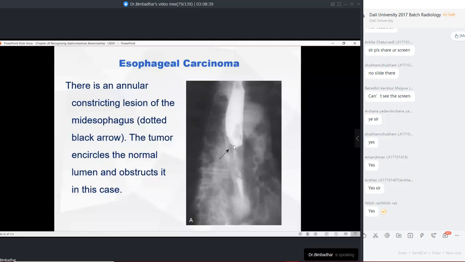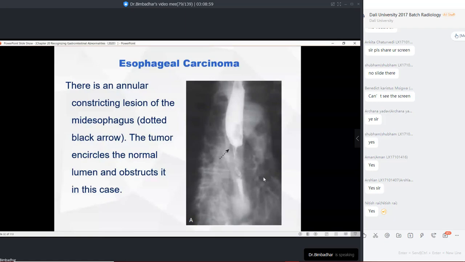But eventually I'm looking at slow barium flow, which means it is a partial obstruction. I tell you this because there is another clinical condition called achalasia cardia, which looks entirely different from this one. Okay, so that's the reason.